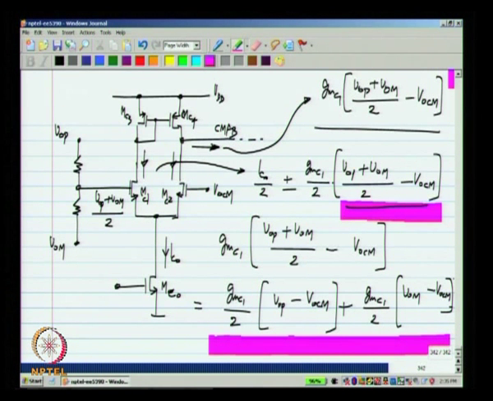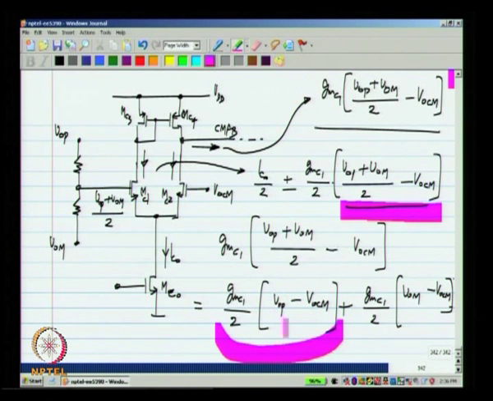So, now each of these is a certain difference voltage. This is between VOP and VOCM, and that is between VOM and VOCM. And we know that we can generate currents which are of this form by passing this differential voltage to a differential pair. Okay.